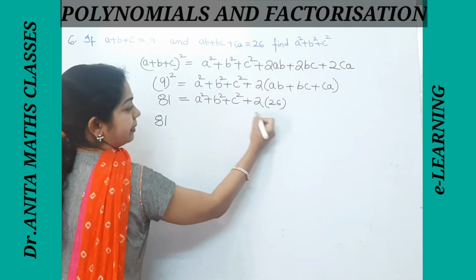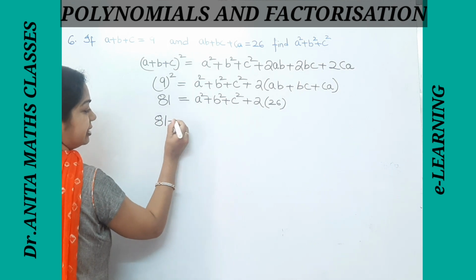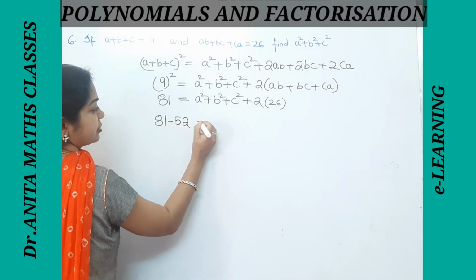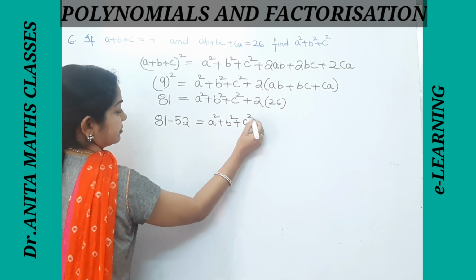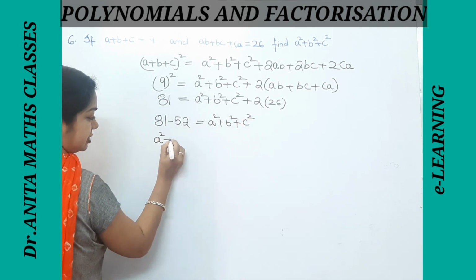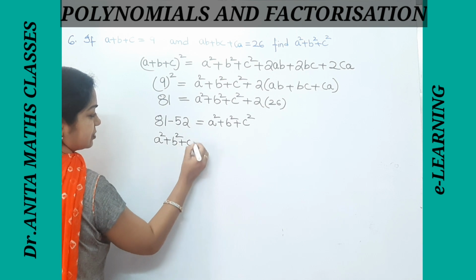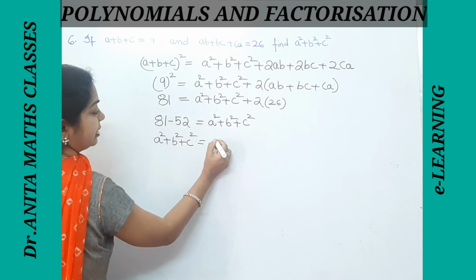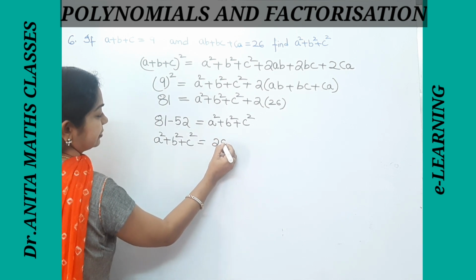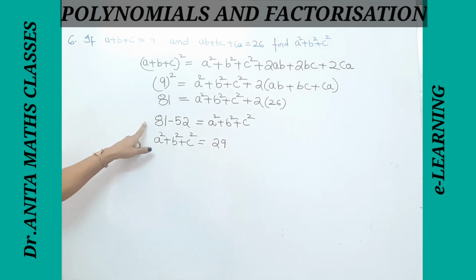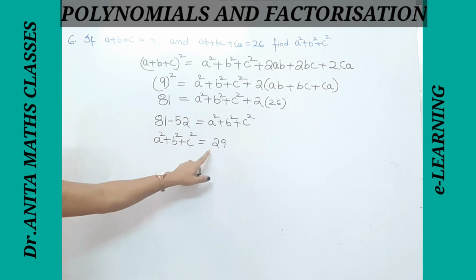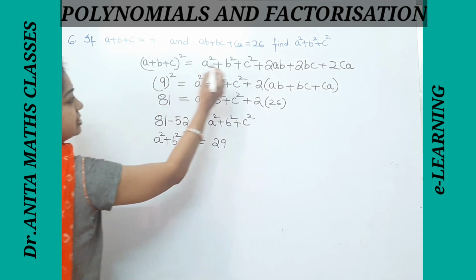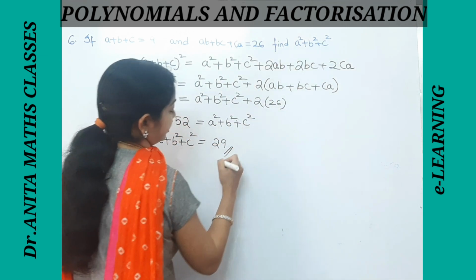If I send 52 to this side, it becomes minus 52. So a square plus b square plus c square equals 81 minus 52, which is 29. So this is the value we had to find out.